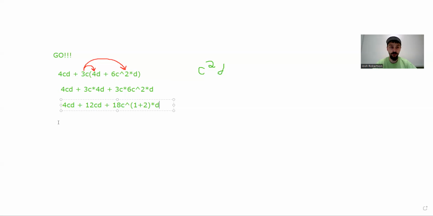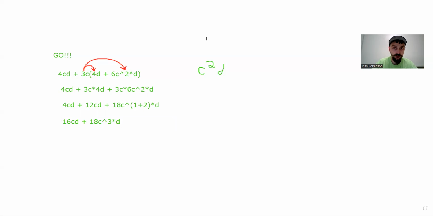This will give you a taste of what you're going to do in FOIL multiplication. So 4 plus 12 would give me 16CD plus 18C cubed D, right?